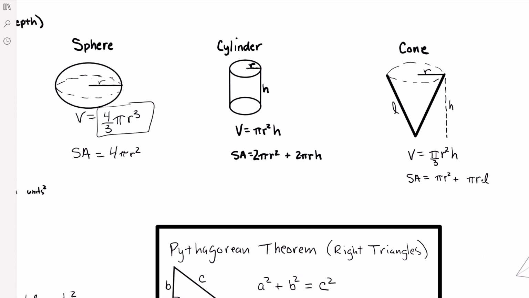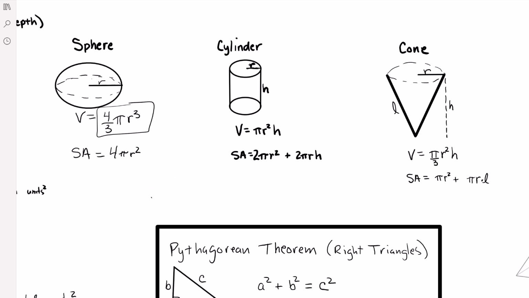I'm not sure that they'll give you any of those on the SAT or PSAT, but here is the formula for the surface area. If you were to take a basketball, any kind of sphere, and do kind of like a paper mache, and you had to cover the entire outside, that's what the surface area is, the entire outside area covered.